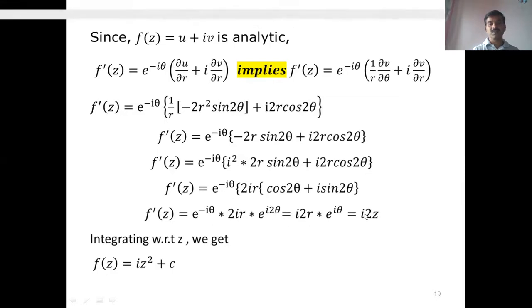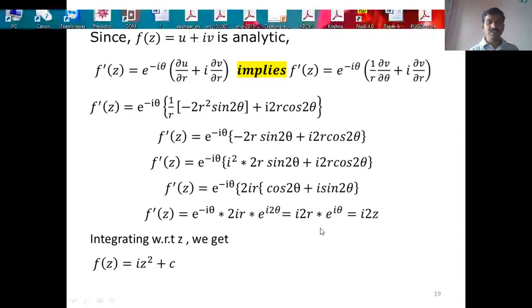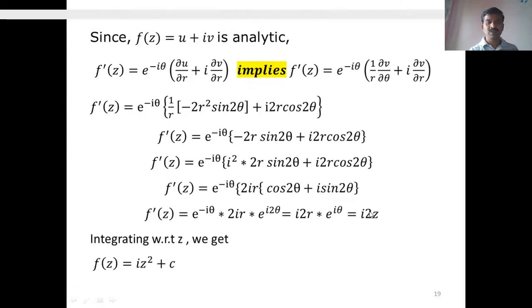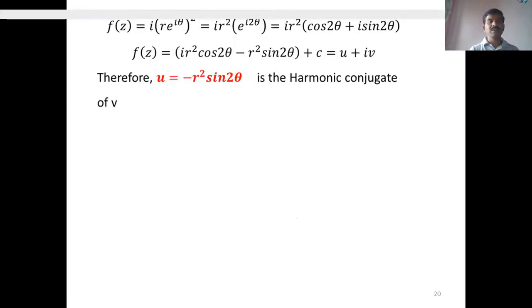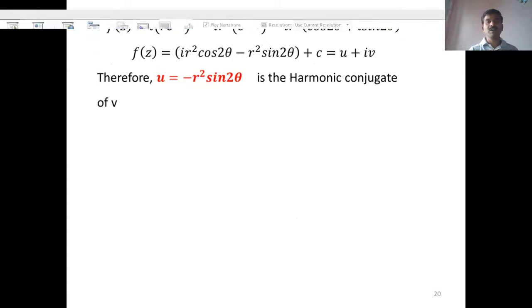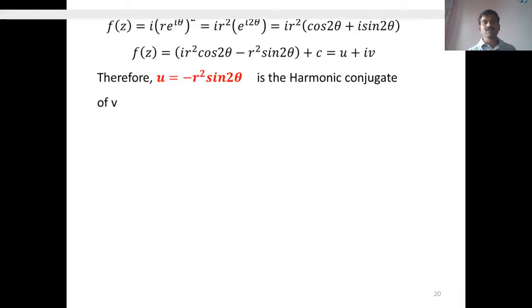This becomes this form. That means e to the power i theta times r is nothing but z, and i times r e to the power i theta is nothing but 2iz. Integrating with respect to z, it is 2iz squared by 2, the 2 gets cancelled, giving iz squared plus c, and v is given. Substituting the complex variable in polar form, ultimately it becomes this form.